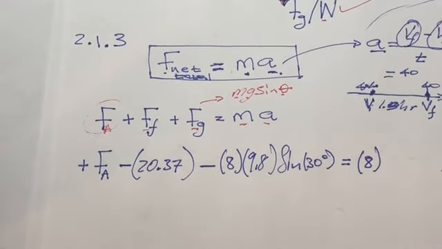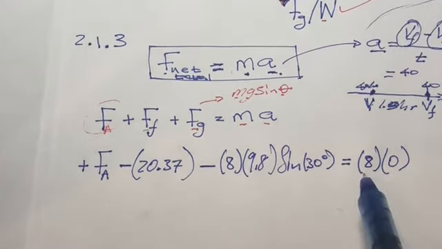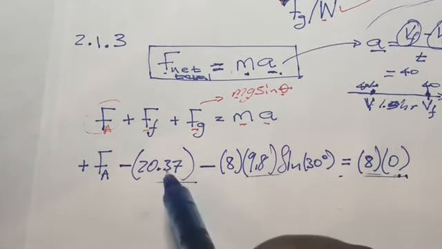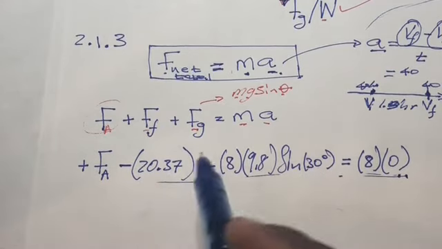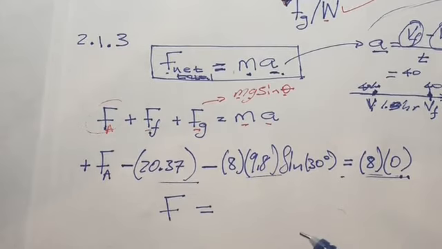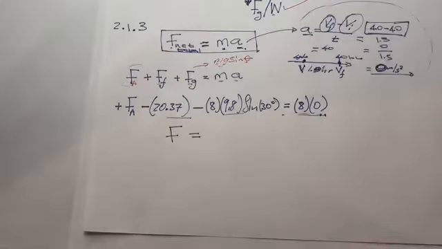What is our a? Our a, the constant acceleration, is 0. You move this, it's plus this; you move that, it's plus that. All of that will be equal to our force, which is what the question wants us to calculate.